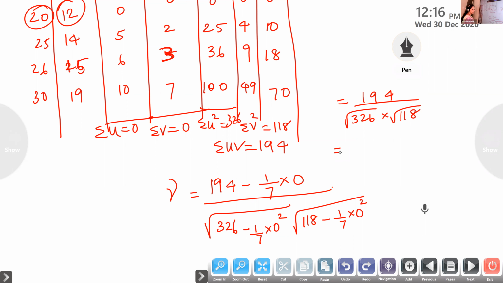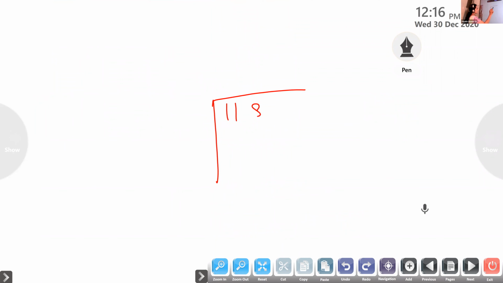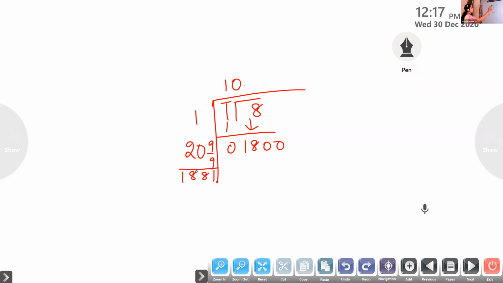Yes. So for 118, you take the long division and find the pairs. 1 is 1, then 0, isn't it? Then you double 1, which is 2. Taking the next pair down, 18, 2 doubled is not possible. So 10 point, then you take the next pair, 20. Is it clear? Yes, ma'am. Suppose it is 9, 9 nines are 81, 18 it is bigger. So 10.8 something you should get.